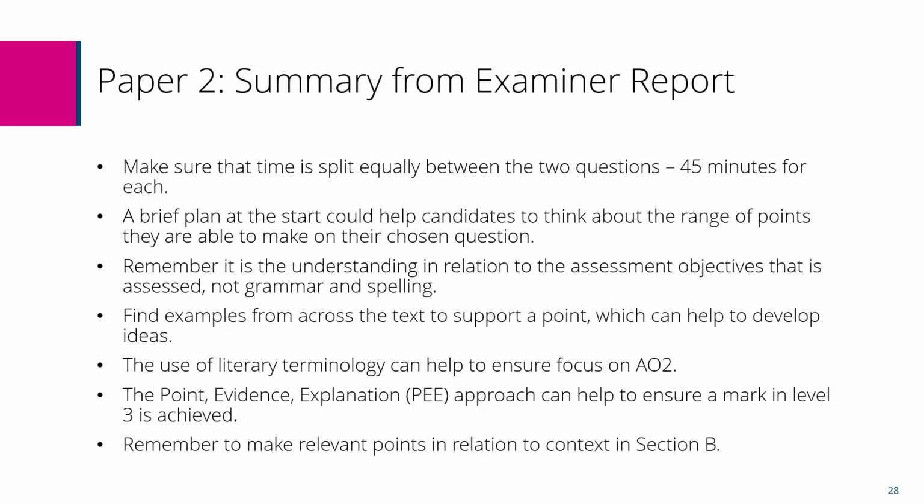The point, evidence, explain approach can help to ensure a mark in level 3 at least is achieved. And remember to make relevant points in relation to context, AO4, for section B, the literary heritage section of that exam paper. So those are some brief helpful hints really for students.